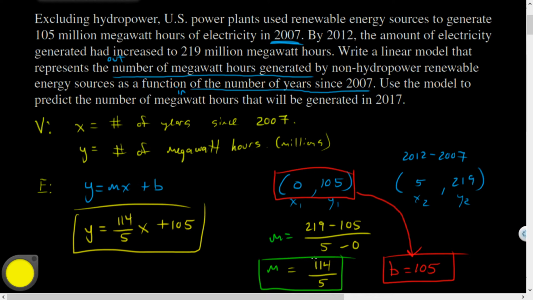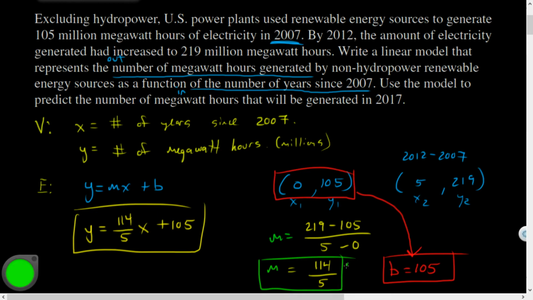So if I wanted to know what the slope represented, even though they didn't ask me to do that, that is sometimes one of the things that they ask us to do. Notice that it's measuring increasing million megawatt hours per year.